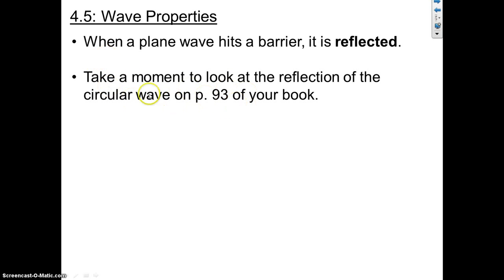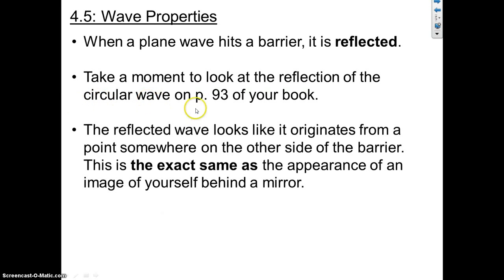So turn to page 93 of your book and take a moment to look at the reflection of the circular wave. The reflected wave looks like it originates from some point beyond the other side of the barrier. This is exactly the same as the appearance of an image of yourself behind a mirror.